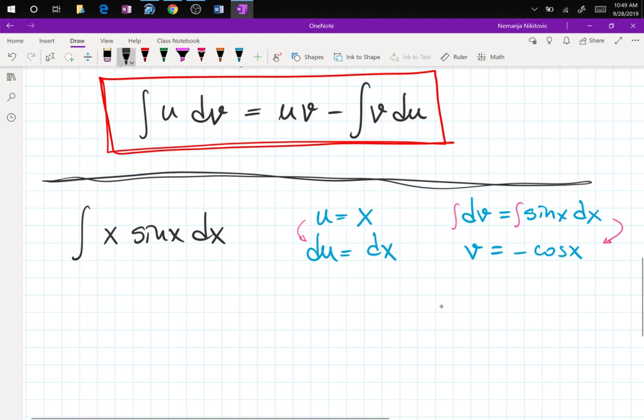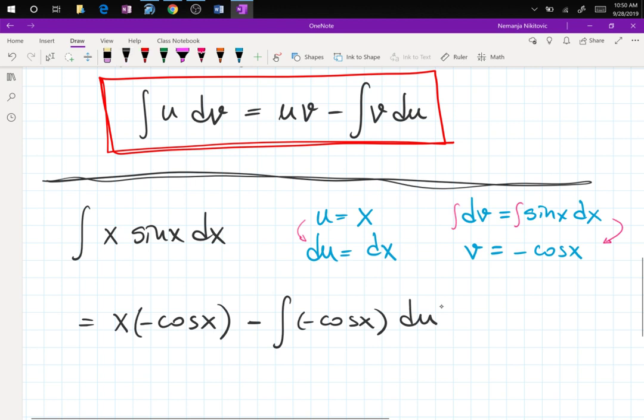Now we are just going to compile the right hand side. u is x, v is negative cosine x, minus the integral of v, which is negative cosine x, and then du is dx.